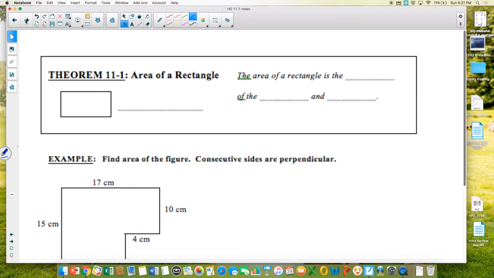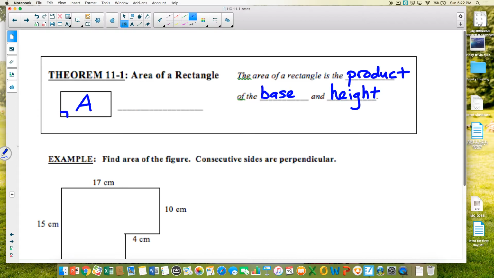Theorem 11.1, area of a rectangle. You all probably know this already, but the area of a rectangle is the product, and product means multiplication, of the base and the height. So if you look at the picture, area is everything on the inside.